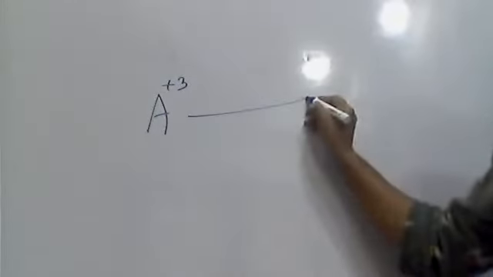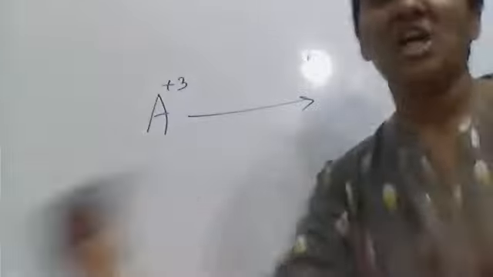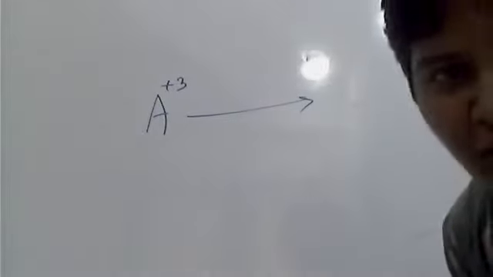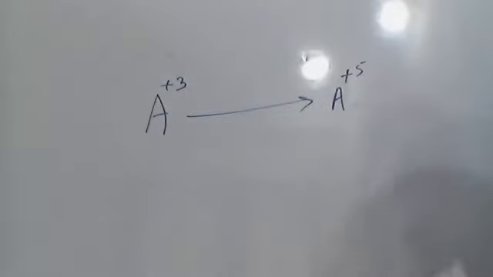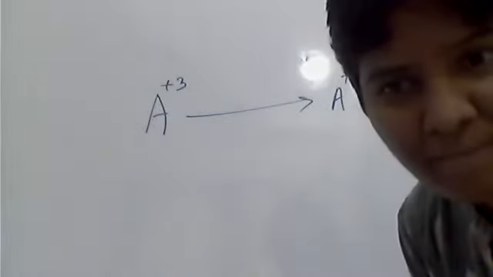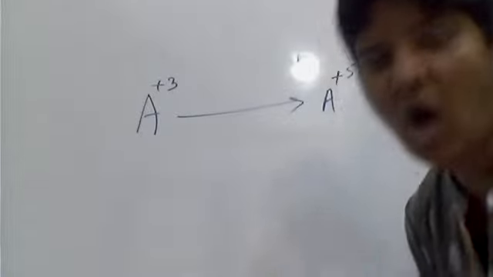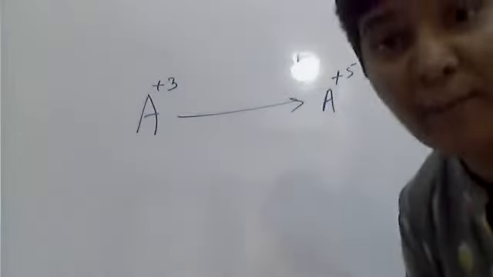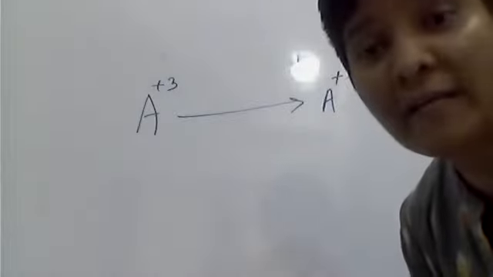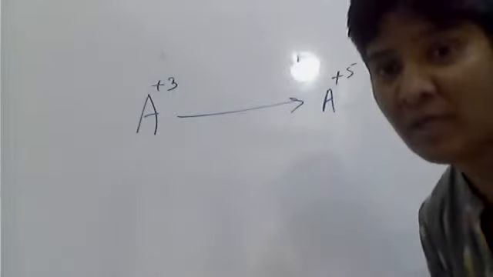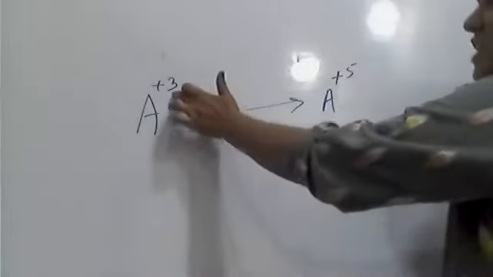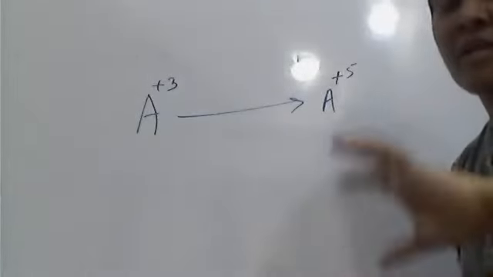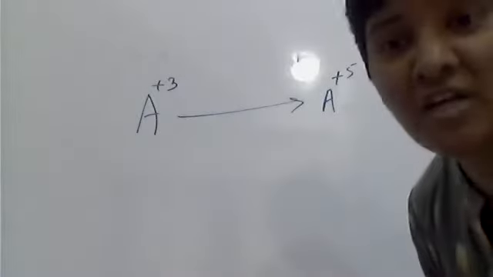During the reaction, it changes to +5. What happened here, beta? Oxidation. Very good. And this occurred by loss of electron. The +3 charge increased to +5. It is oxidation by loss of electron.